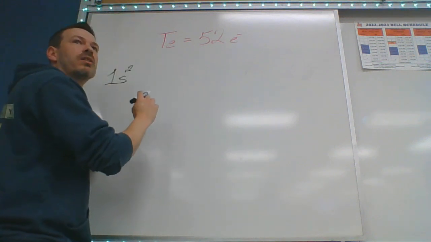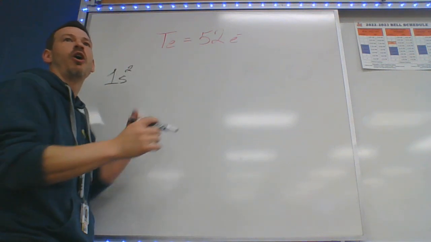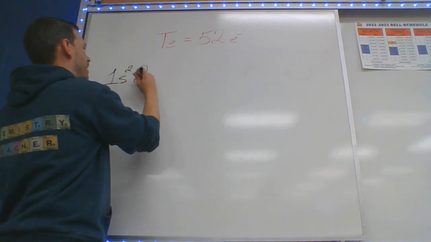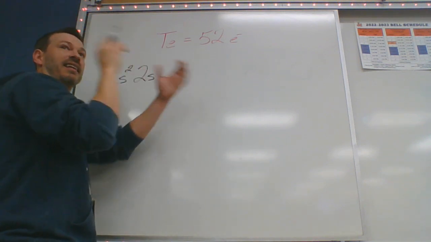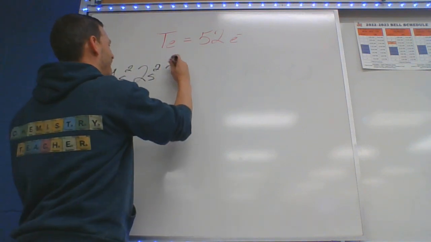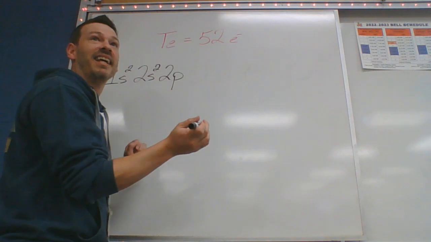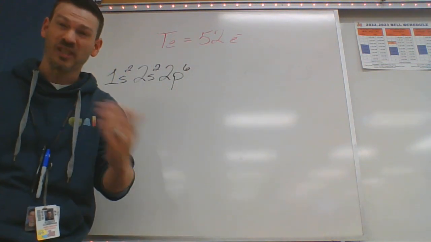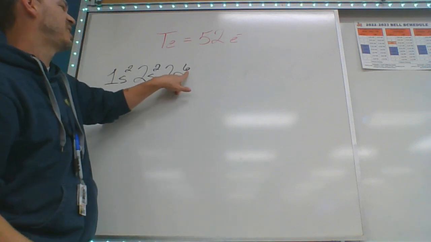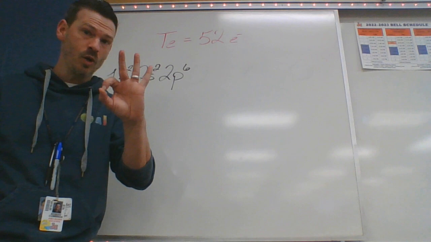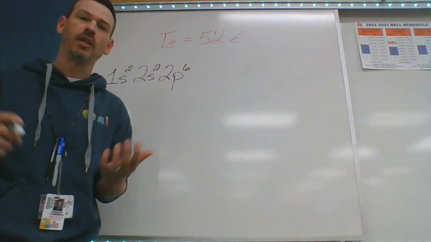After 1s2 comes, hey, I'm only talking to one person, y'all. 2s2, followed by 2p6, because remember, y'all, the cheat you can do there is just count squares, right? There's 6 squares in the 2p block, or a p has 3 orbitals, each one holding 2 electrons.